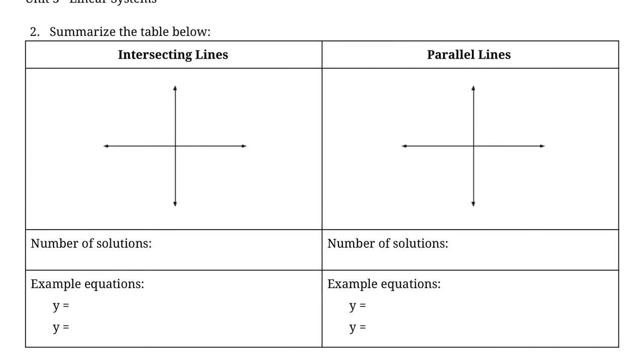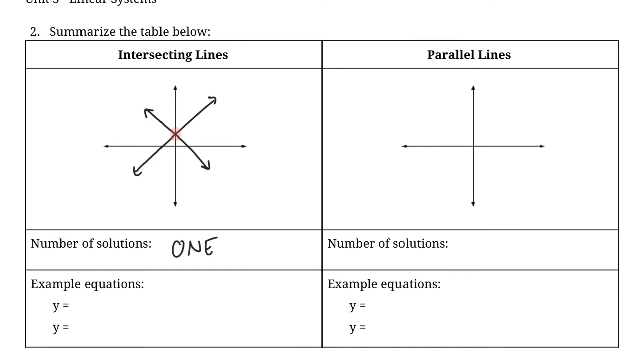So let's just summarize our findings. So if we have intersecting lines, then let's just draw two lines that intersect. They have one solution, and that's just right here, the point where the two lines intersect each other. So again, there is only one solution.